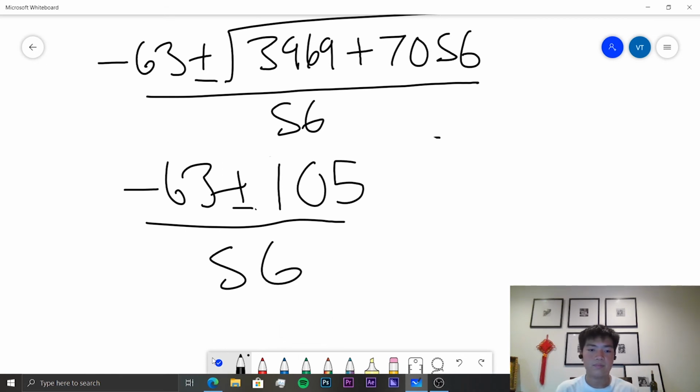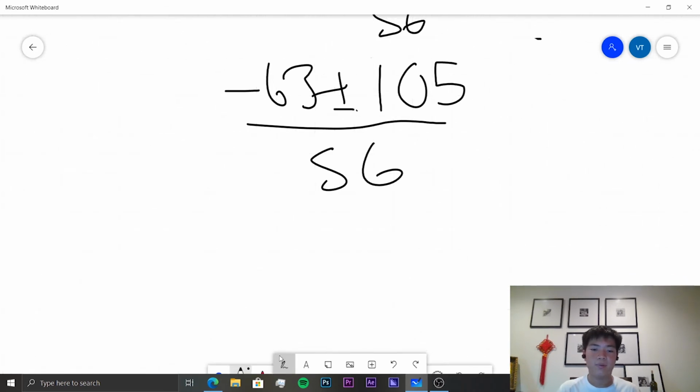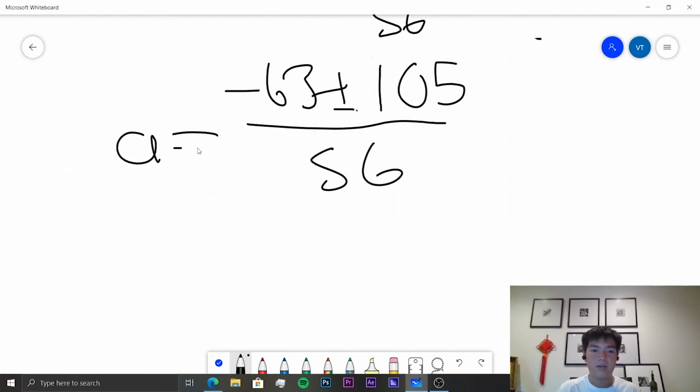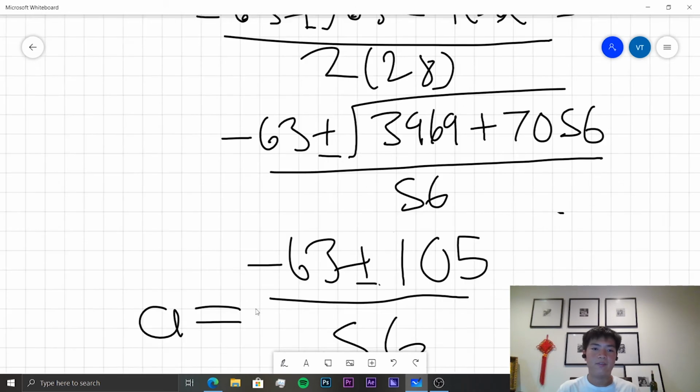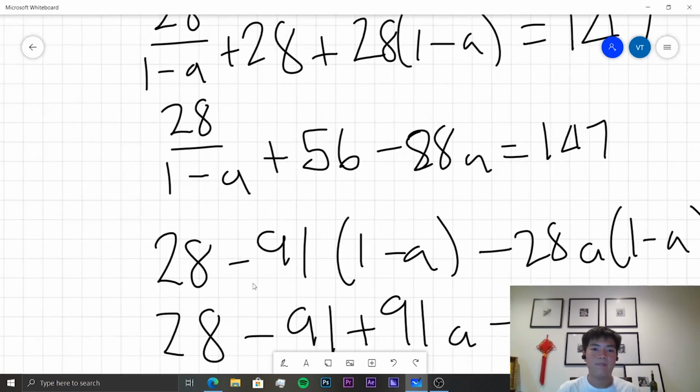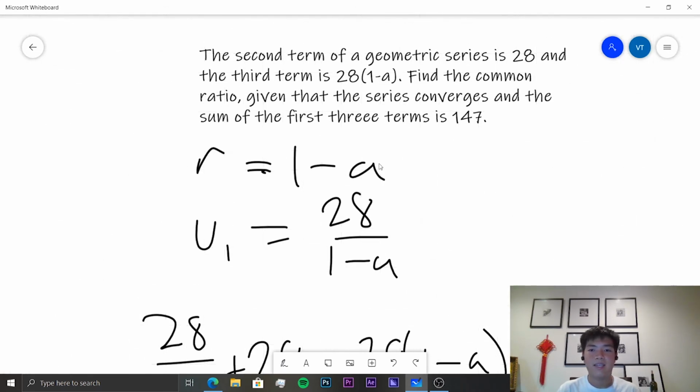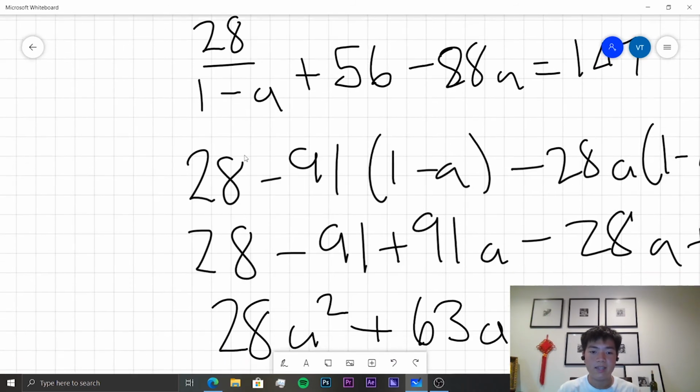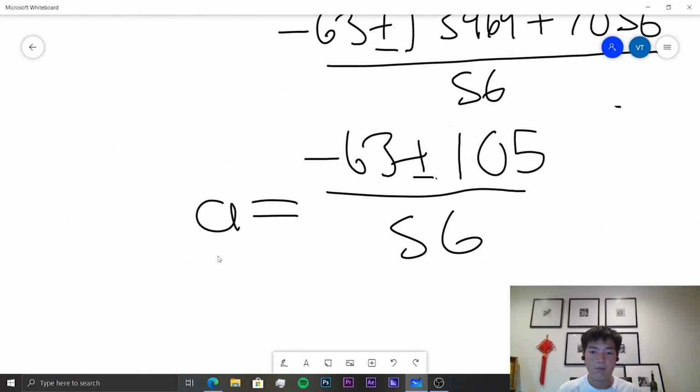So a has two possible values, but the last thing we're given is that the series converges. That means the absolute value of a must be between negative 1 and 1.